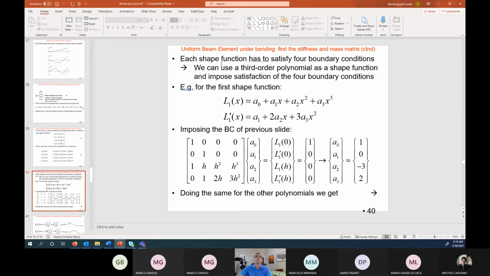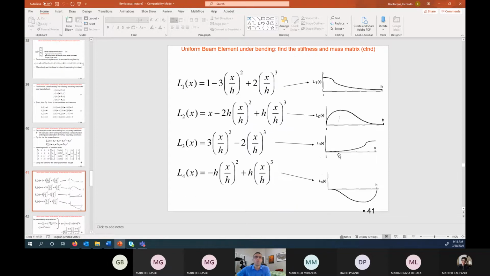So each shape function has to satisfy 4 boundary conditions. We can use, for example, a third order polynomial. It's just a choice. And so for L1, it may look like this. This is L prime. And so imposing the boundary conditions, you can basically find the coefficients A1, 2, 3, and 4. You do the same for the other ones. And basically these will be your shape functions for this particular problem.